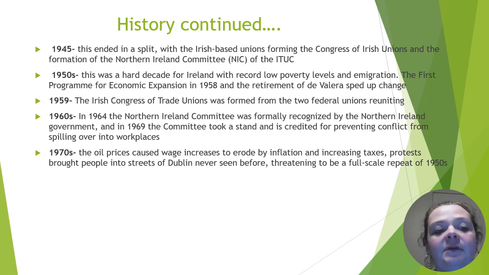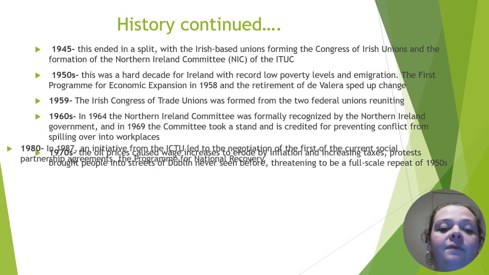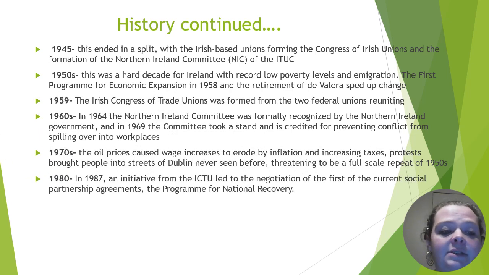In the 1970s, the oil prices caused wage increases to erode by inflation and increasing taxes. Protests brought people into the streets of Dublin never seen before, like tons and tons of people. It was threatening to be a full-scale repeat of the 1950s. I mean, there are records of people on the streets.